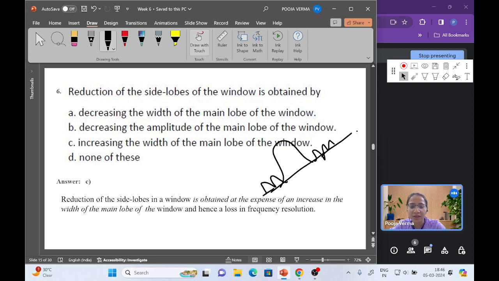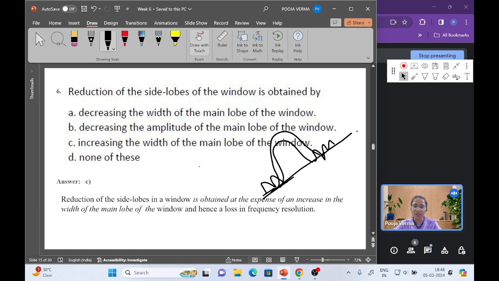If we increase the main lobe width, then the side lobe is decreased, but at the cost of frequency resolution, we get less resolution. So the correct option is increasing the width of the main lobe of a window. The correct option is C.